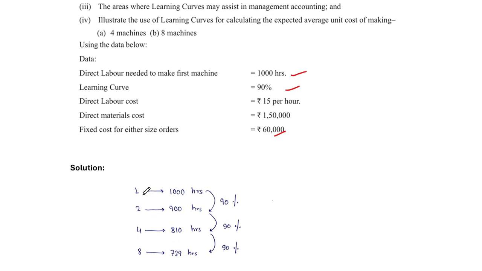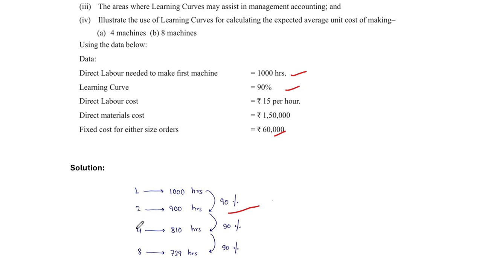So to make the second machine, as the learning ratio is 90%, time will be 900 hours. That means 90% of the previous time is 900 hours.